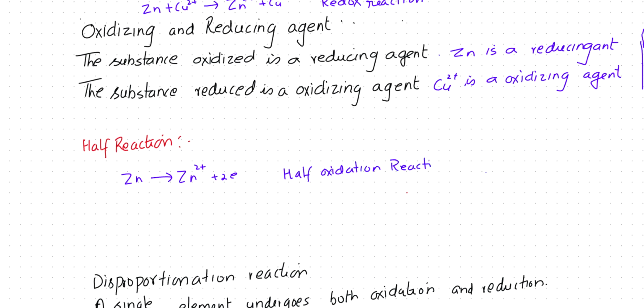And the half reduction reaction is copper 2 plus after gaining 2 electrons converts to copper neutral atom, which is called the half reduction reaction.